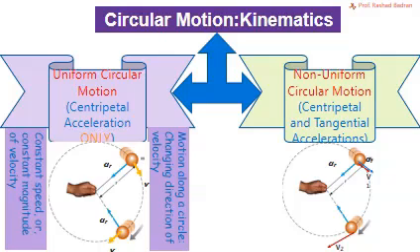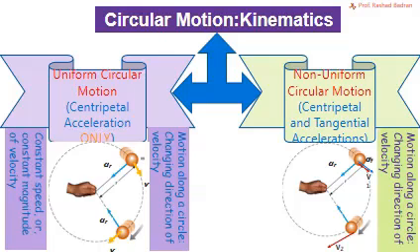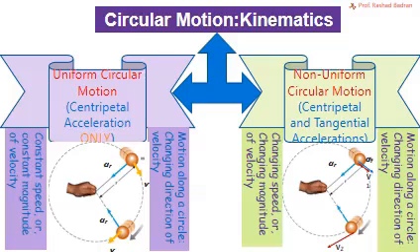Again, the change in the direction will give us the centripetal acceleration, while the change in the speed, or the magnitude of the velocity, will give us an additional acceleration that is tangent to the circle, and we call it a sub t.